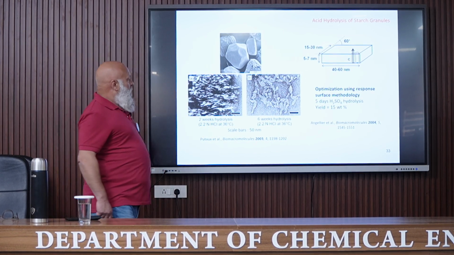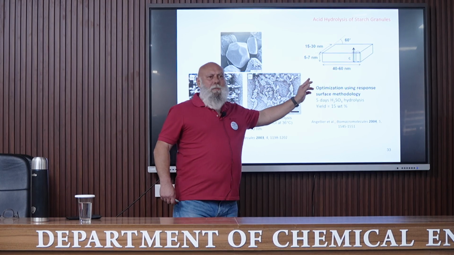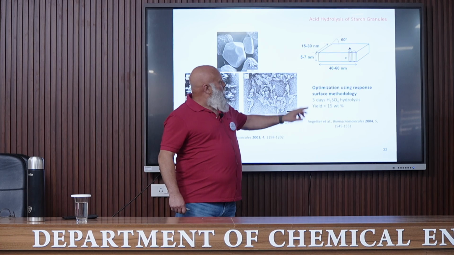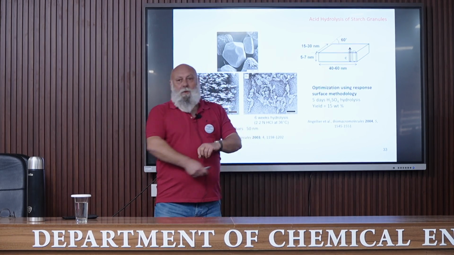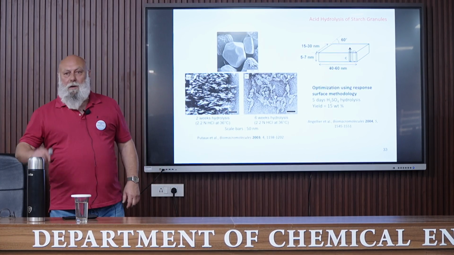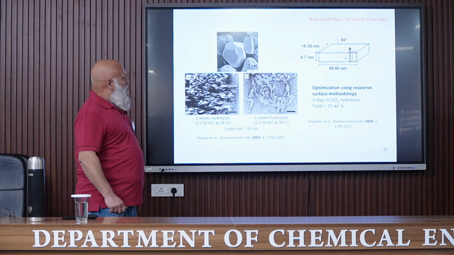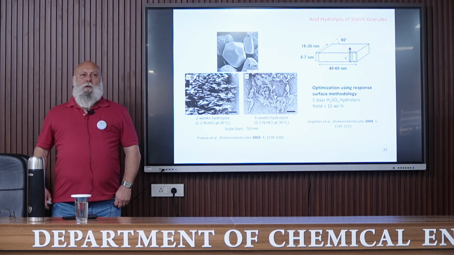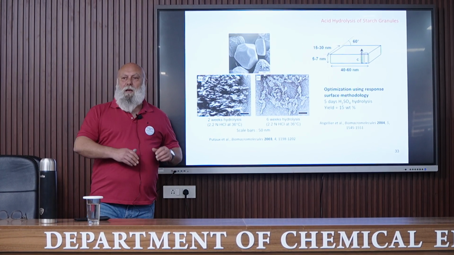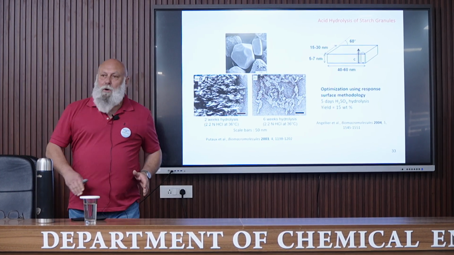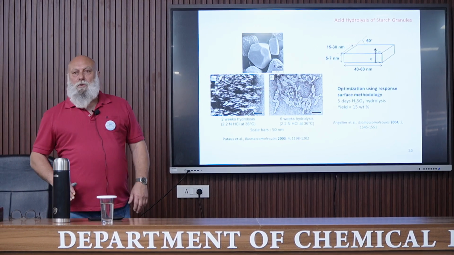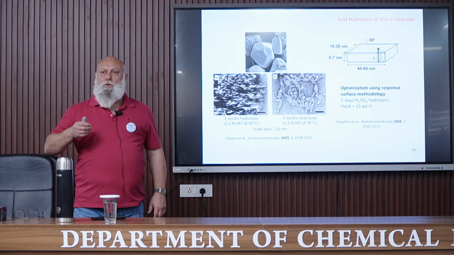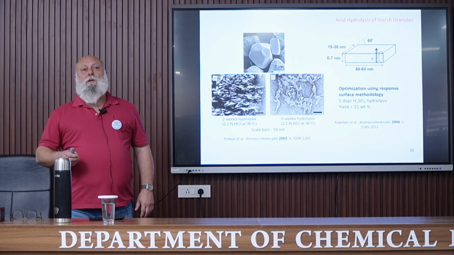In the case of waxy maize starch, you can see the dimensions: the length is between 40 to 60 nanometers, the width ranges from 15 to 30 nanometers, and the thickness is around 6 nanometers. The process is quite different because starch, compared to chitin and cellulose, is more sensitive to acid hydrolysis, meaning that the acid hydrolysis treatment needs to be performed at a lower temperature.